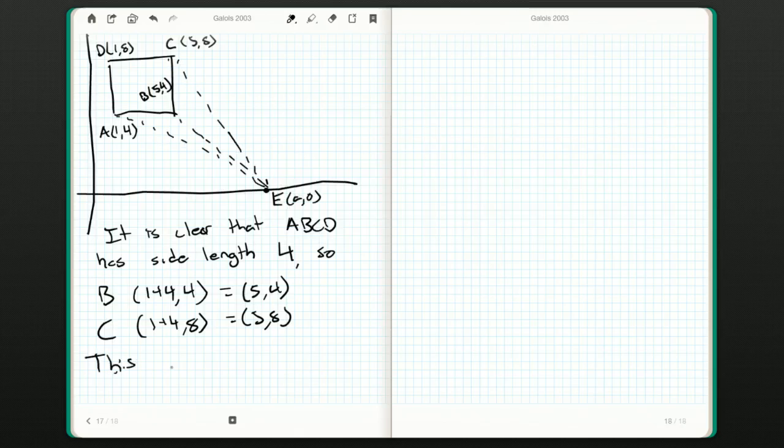And since we know the side length of ABCD, we get ABCD has area of 16. So that's what we're shooting for.